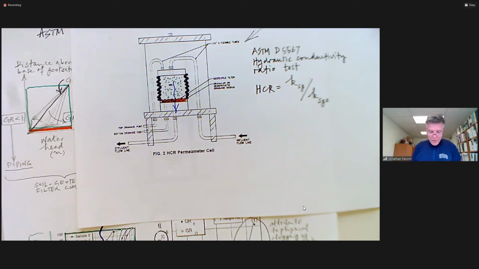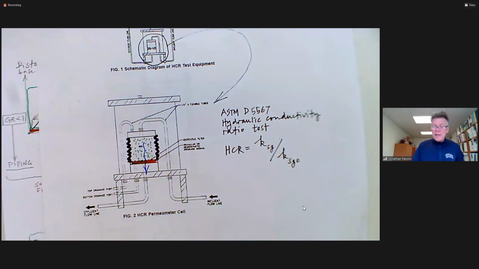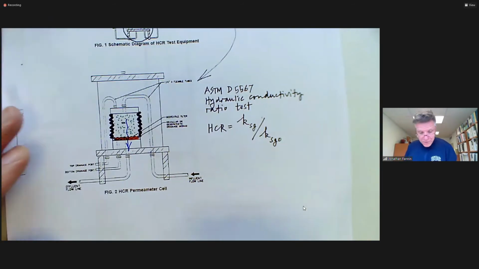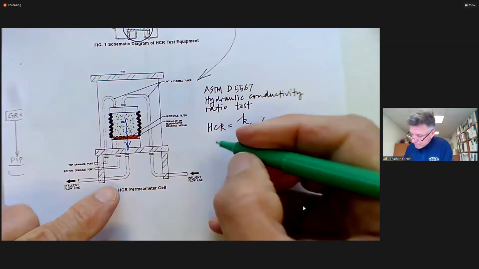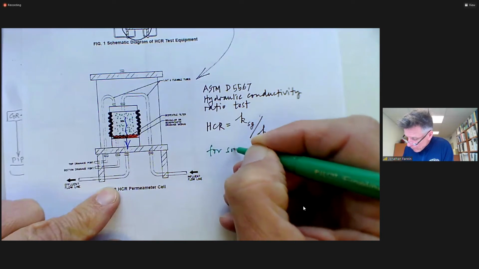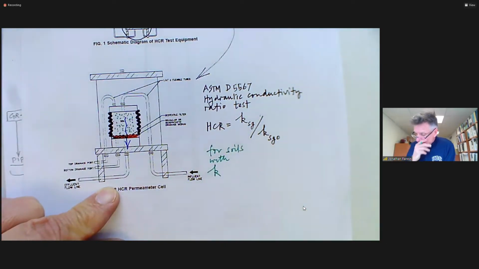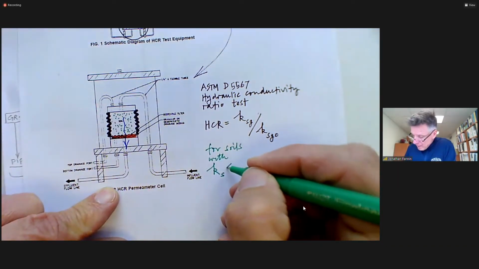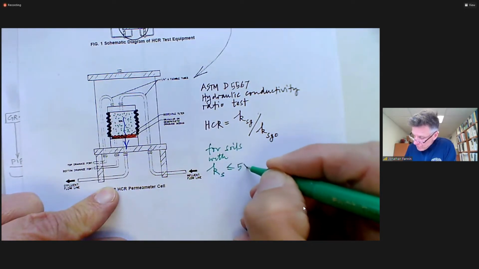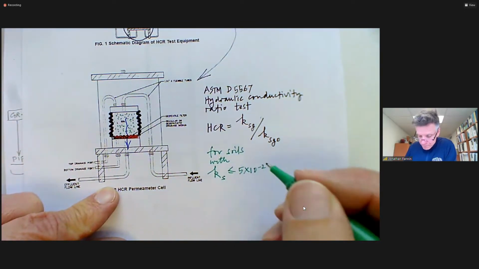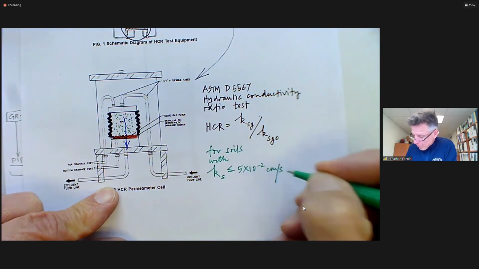So now we have to acknowledge the flexible wall, recommended for relatively lower permeability soils, for soils with a hydraulic conductivity less than or equal to a limiting value. It used to be expressed in terms of permeability.